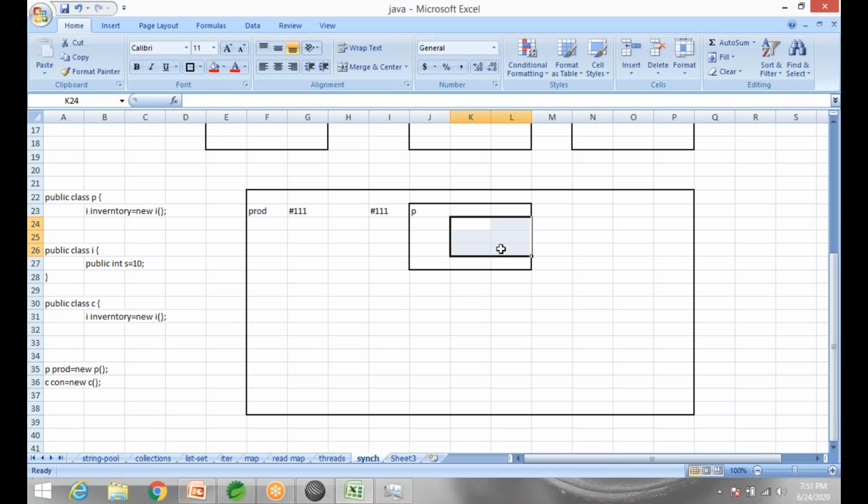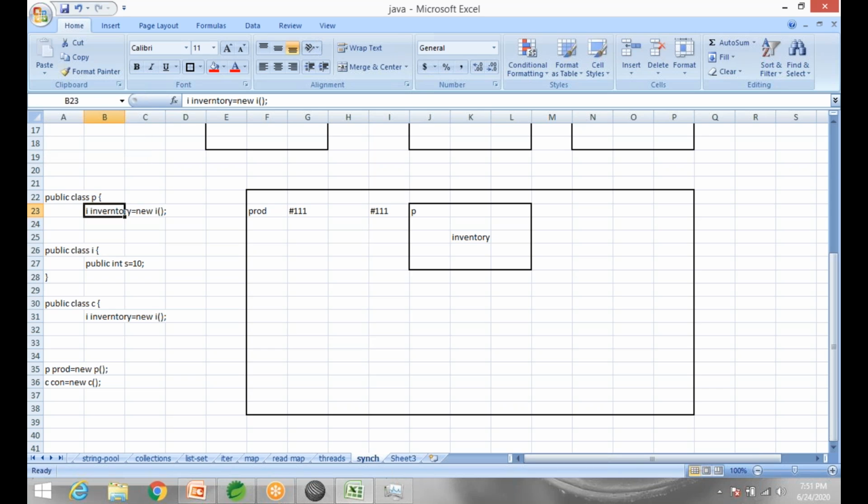Don't you need variables here? So what is the variable in the P class? Inventory. I is the class, inventory is the variable. Now, do I have any value here? No. Look at the P program, look at the class P and tell me what the value will be.